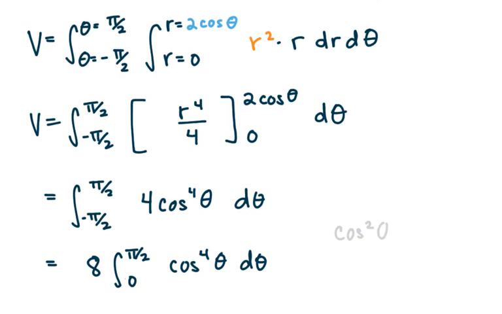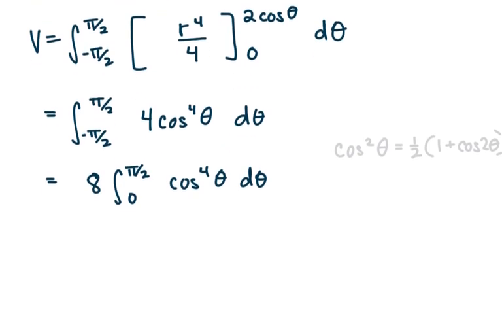Cosine squared theta is 1/2 times 1 plus cosine of 2 theta. And we also have a similar one for sine. So we go through some reduction processes to reduce this and simplify this integral. Now, this is something we learned how to do in Calc 2. We should feel confident doing this.